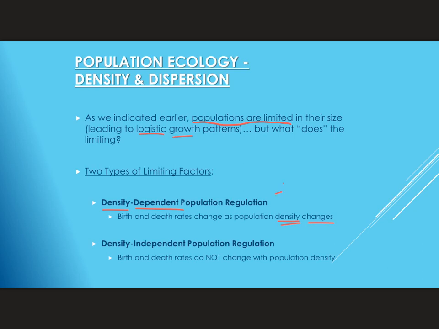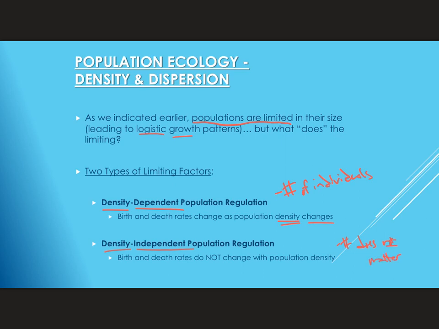In other words, the number of individuals matters in this scenario. Or limiting factors can be density independent, which means that the number does not matter in the environment.